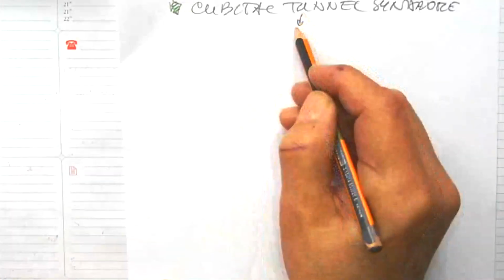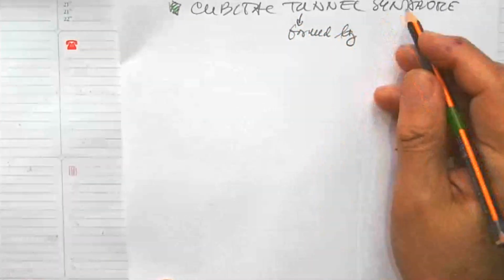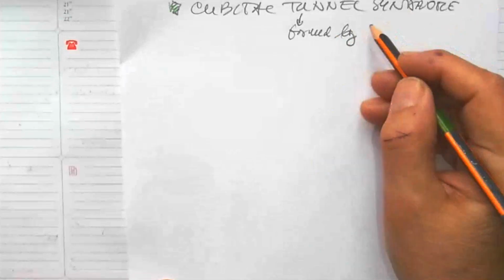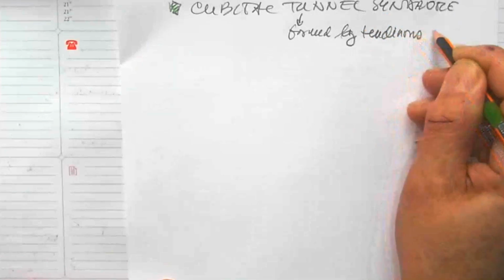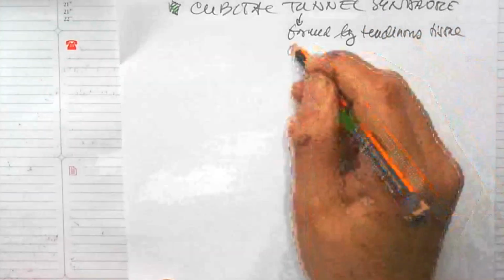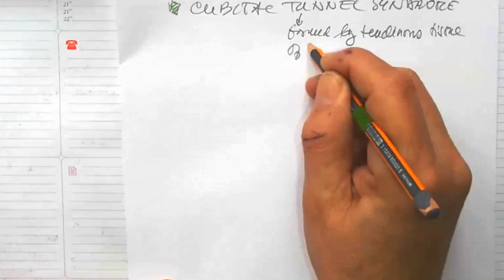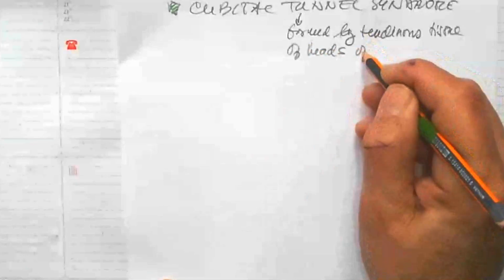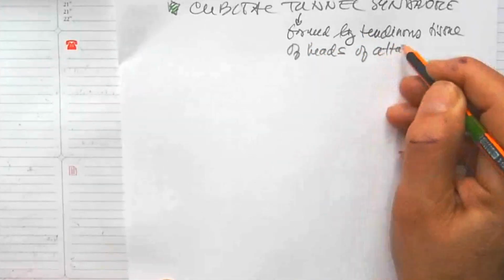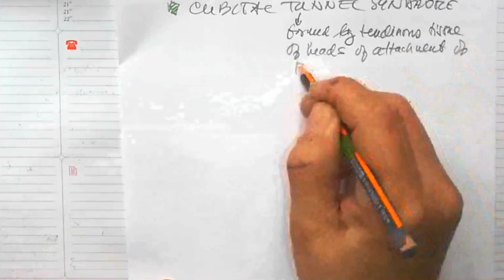The tunnel is formed by the connective tissue, by the tendinous tissue of the heads of attachment of flexor carpi ulnaris.